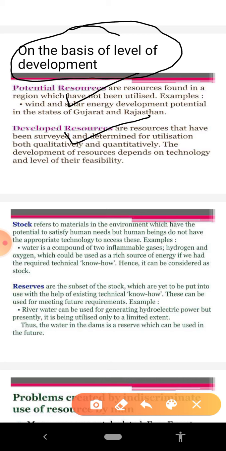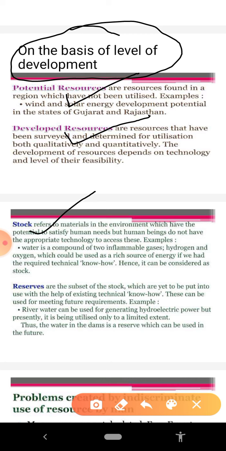After that, stock. These are the materials in the environment which have the potential to satisfy human needs but could not be used as human beings do not have the appropriate technology to convert them into usable form.